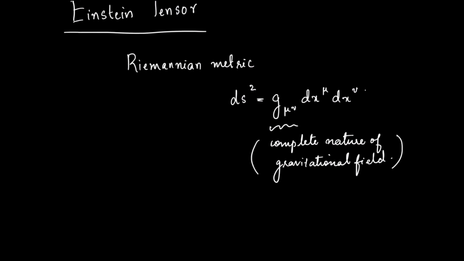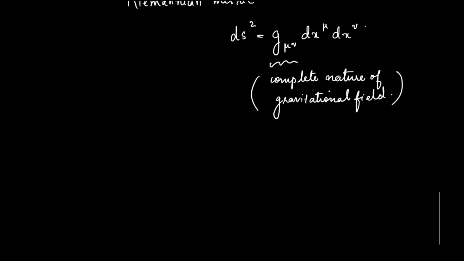And in one of the classes we have seen that it will give the gravitational potential, right? G mu nu is nothing but it is a gravitational potential.